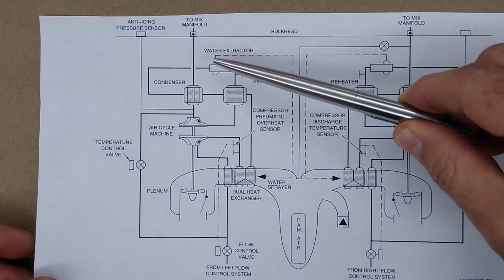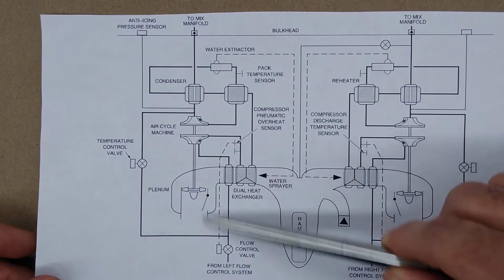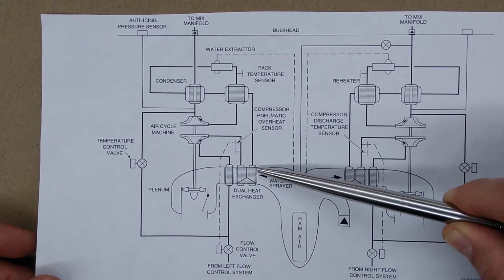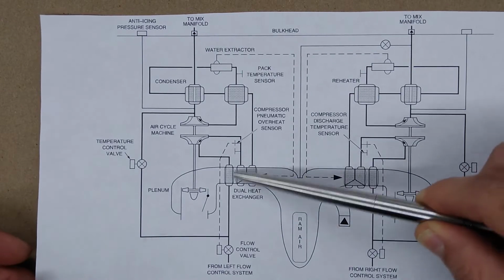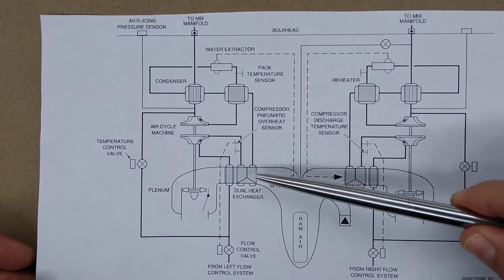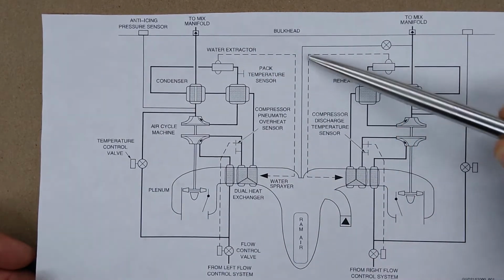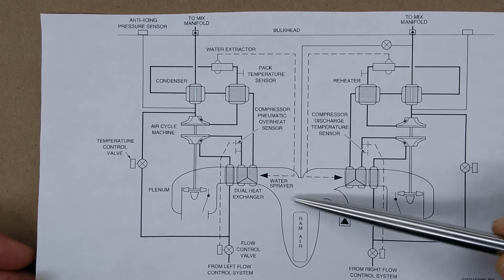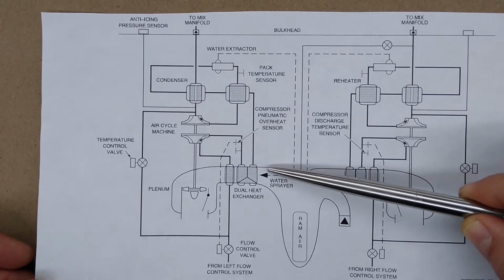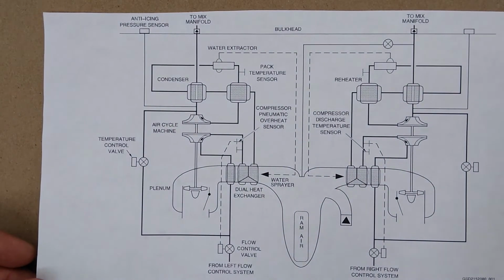And the water is the very same water that gets drawn out of the air that's used here and then dumped overboard. But I think it's brilliant that it gets used over here to further increase the efficiency of these heat exchangers. And I'll show you that pipe in the airplane. You'll see it coming from the water separator to the ram air ducts right above the heat exchangers. Alright, meet me in the airplane.